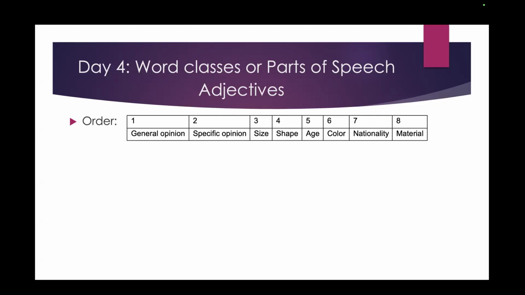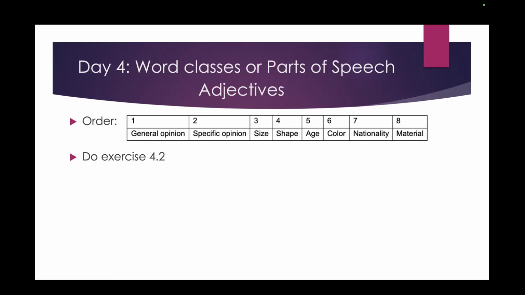I don't want you to remember this order, but as a general rule, adjectives that give an opinion about a noun go first, and then you continue with the adjectives that characterize the noun, referring to size, shape, age, color, material, etc.